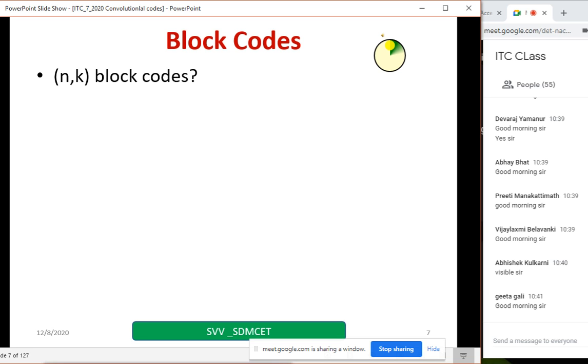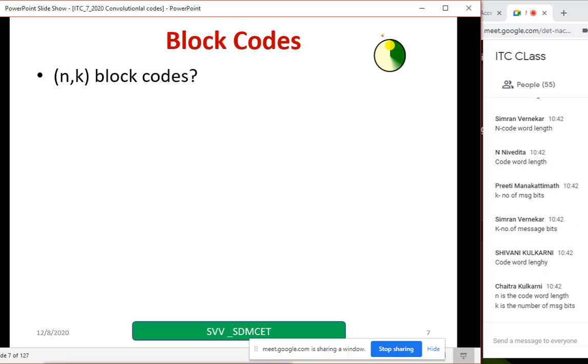We have discussed many problems on n, k block codes. N and k represent? Preeti, thank you. Simran, n is the code word length, thank you. And k is what? Nivedita is typing code word length, correct. K is what? Preeti is telling number of bits or message bits.